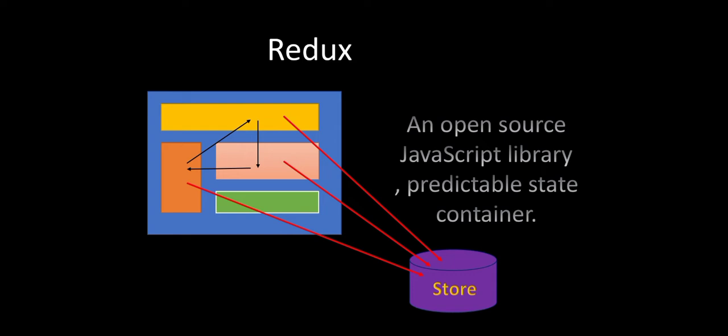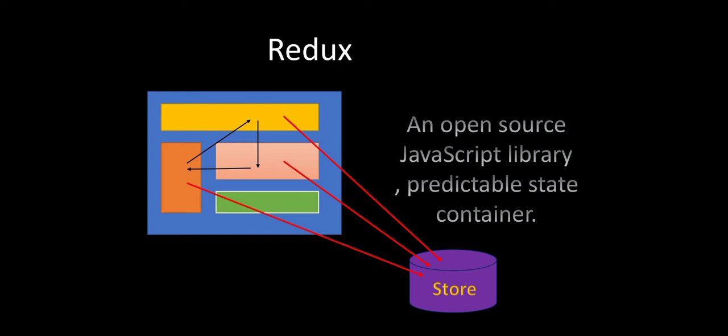Redux is not just for React, but it can be used with any framework like Angular, Vue, or even vanilla JavaScript. So now, why are we talking about Redux in the middle of our project? Because there will be a time when we will have difficulty storing the state of all our components.